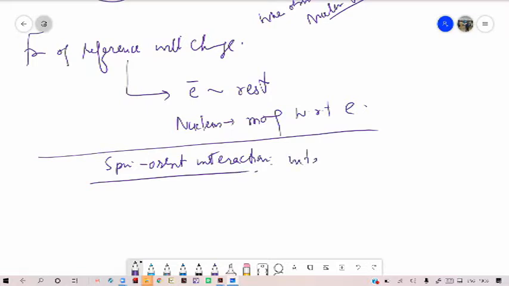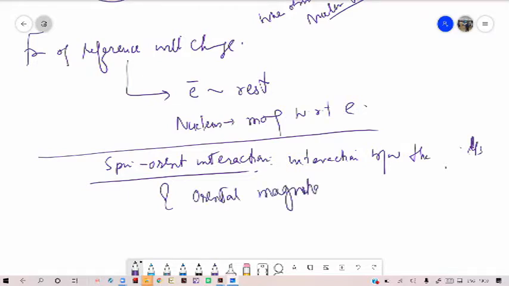It is an interaction between the spin magnetic moment, that is mu s, and the magnetic field of the nucleus.